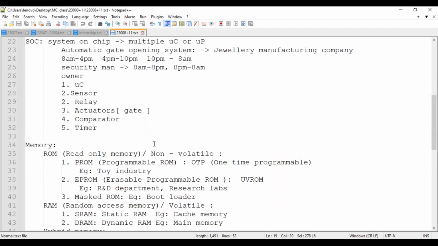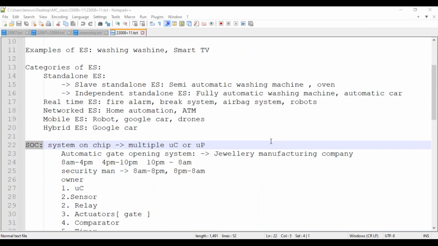Then after that, we started with the very important component. Okay, what is the difference between real-time embedded system and independent standalone embedded system? Now you can distinguish between the two. They are not the same, in fact.